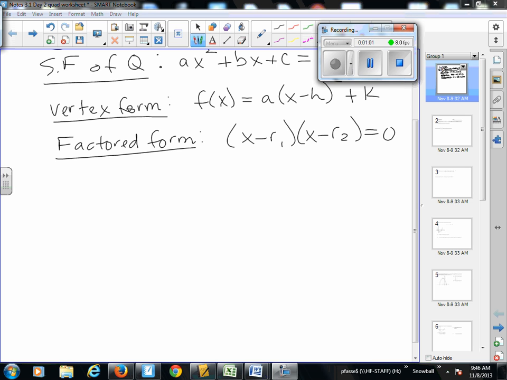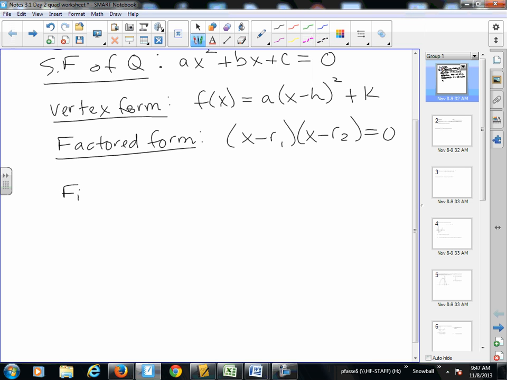The next, we have a really nice way of finding the coordinate of the vertex without using vertex form. Okay?